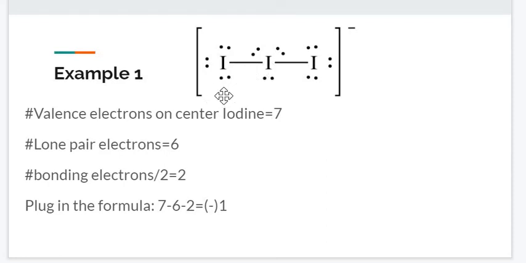So 4 divided by 2 equals 2. Once we subtract 7 minus 6, so the valence electrons minus the lone pair of electrons, we get 1. And then we have to minus 2, so 1 minus 2, and once we do that, we have negative 1.